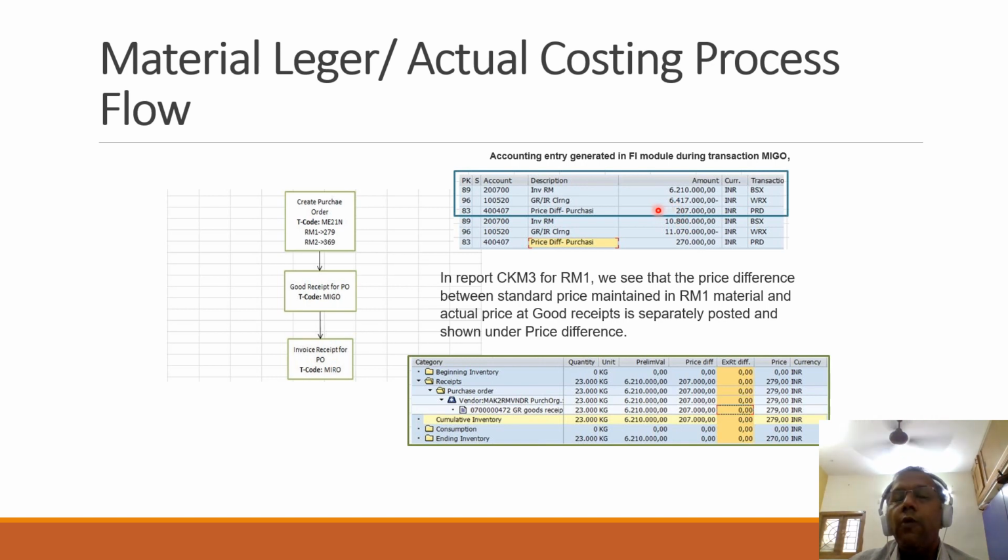So 207,000 here: the system is posting the inventory price differences separately. The 207,000 is a cumulative amount of the inventory, and it is adjusting to the inventory. When there is inventory, it will go to the inventory. If there is no inventory, it will go to the P&L.